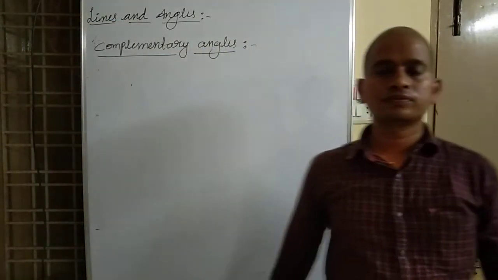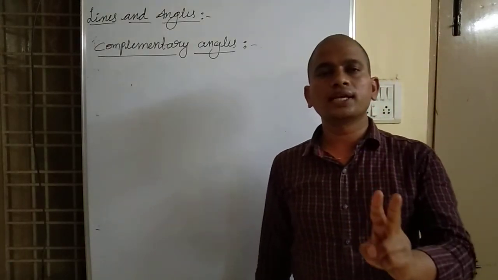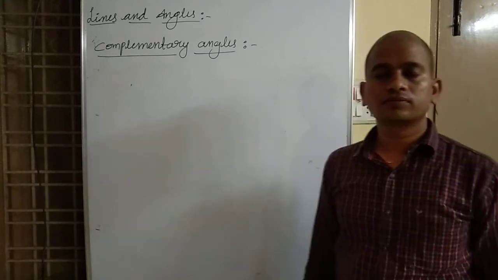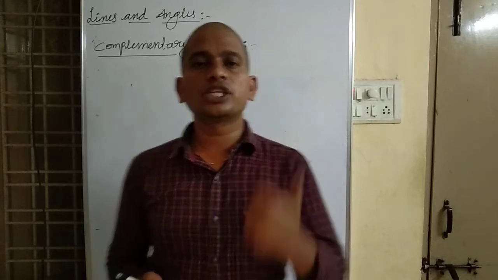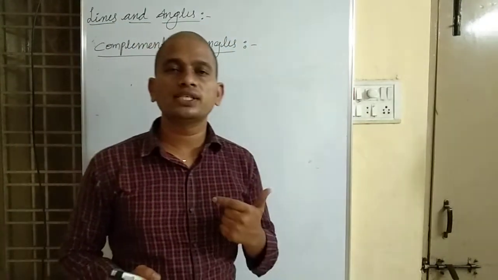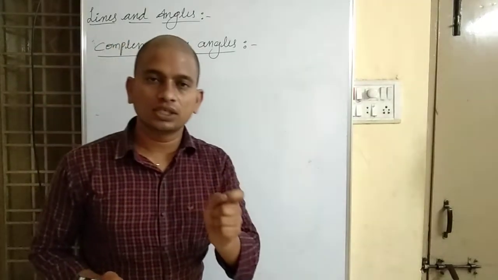Complementary angles: when the sum of the measure of the two angles is equal to 90 degrees, then we say that the two angles are complementary to each other.